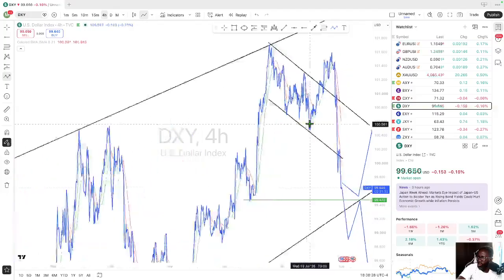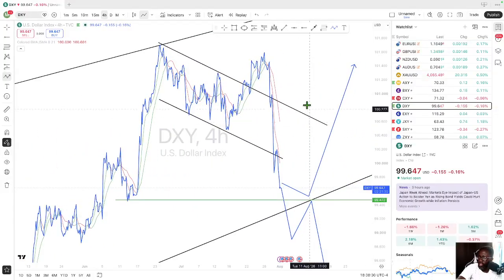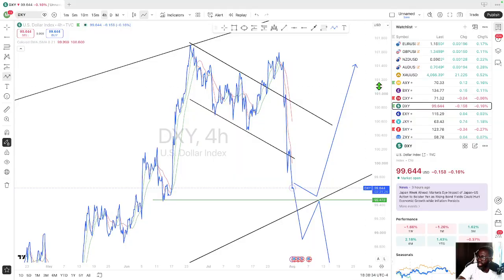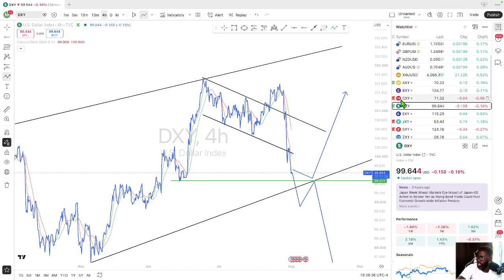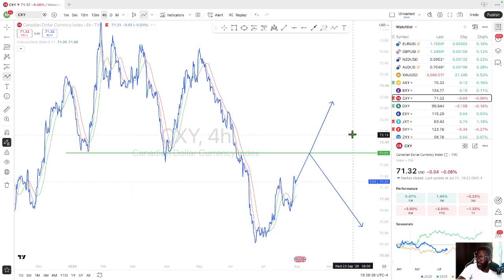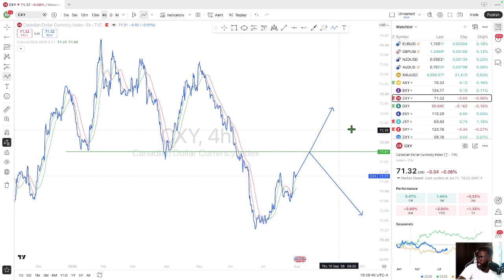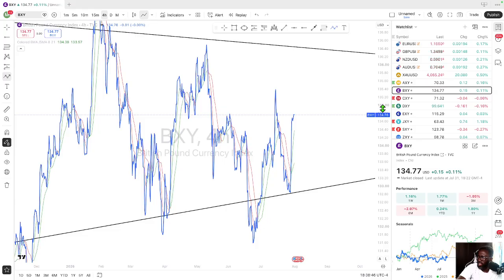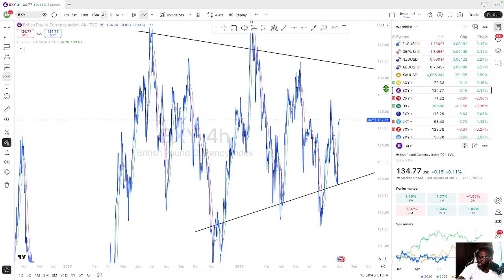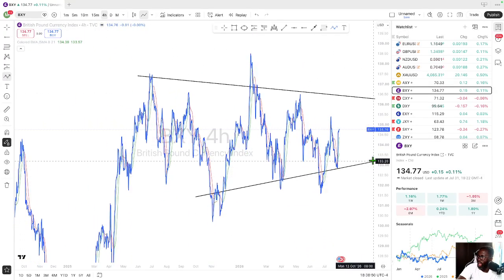US dollar overall is strong, but right now we have that little, no longer a bearish flag pattern. Canadian dollar on the bigger time frame was bearish. It's bearish here, so all these things we gotta wait. British pound is, if you guys know what that means, all over the place.